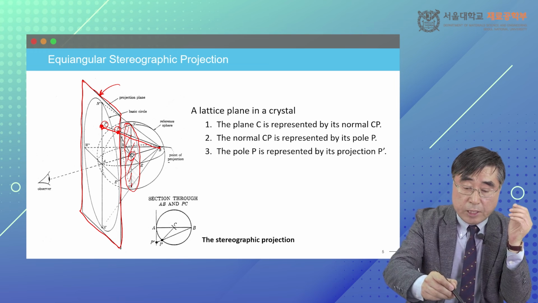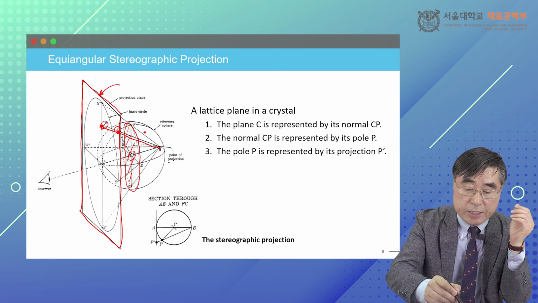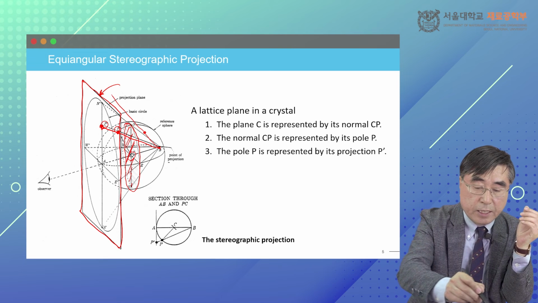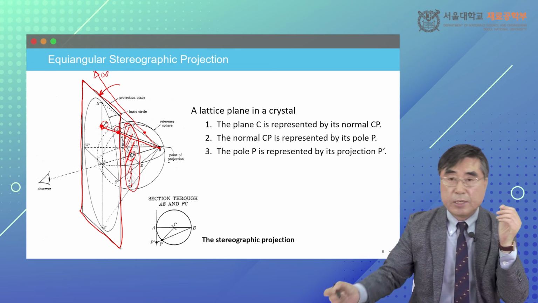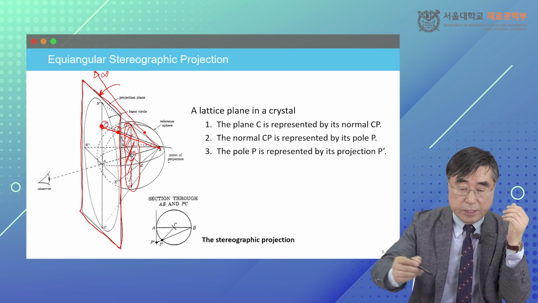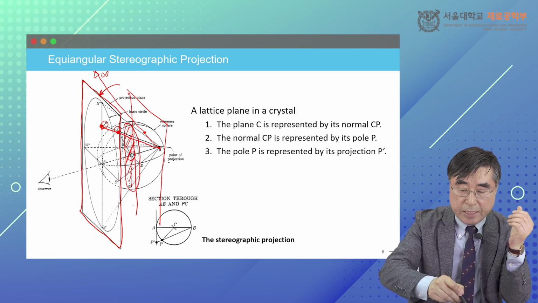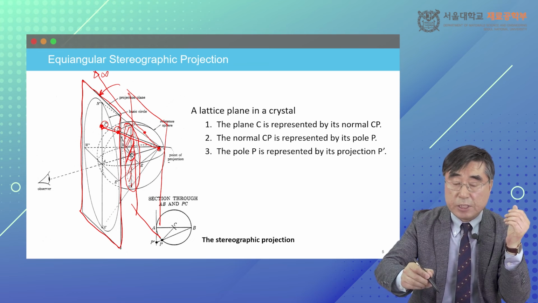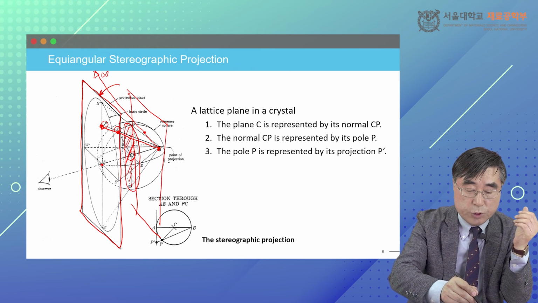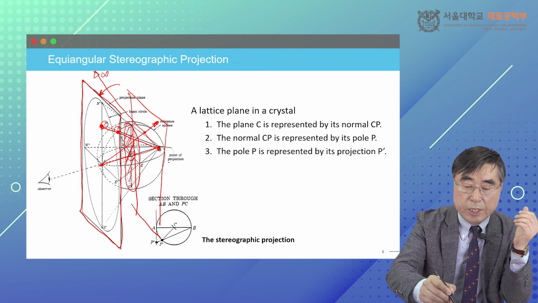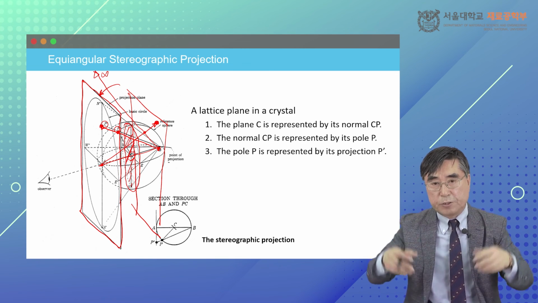But if any information is on the other side of the equatorial plane, then if you extend it, it goes to infinity. So we cannot do it. In this case, we move the plane to the other side, touching this B point. Now I'm looking from this A point and projecting it, and now we can represent it on the surface of this plane.